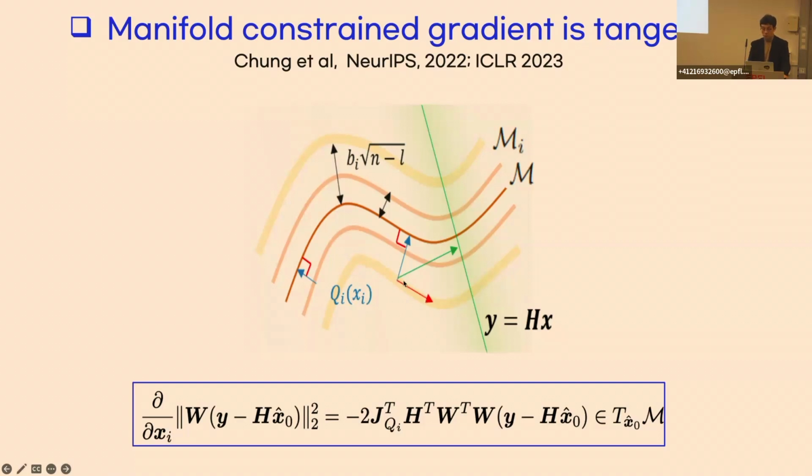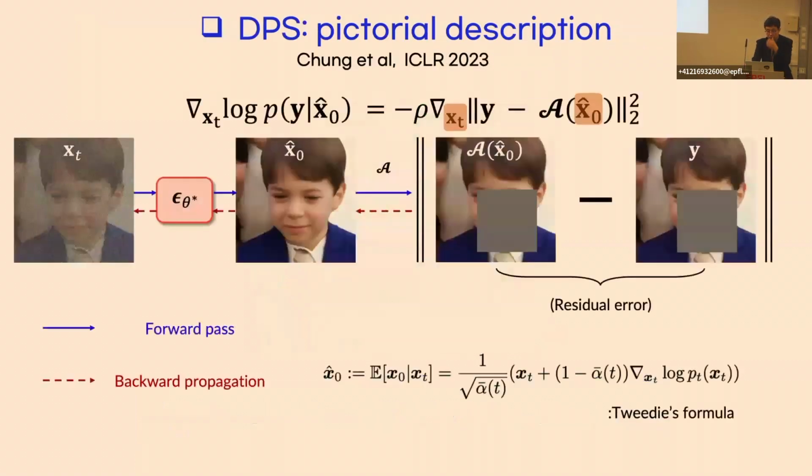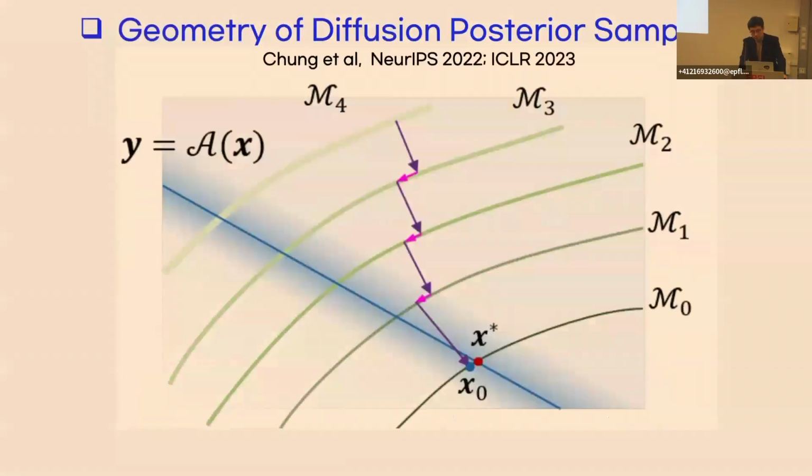This is in fact the so-called manifold constrained gradient idea. The reason is as follows. Let me show you this first. As I mentioned, M0 is the clean image domain, which you want to find, and you have this data consistency set, y equals Ax. Previously, our goal was to find this intersection using optimization algorithms.